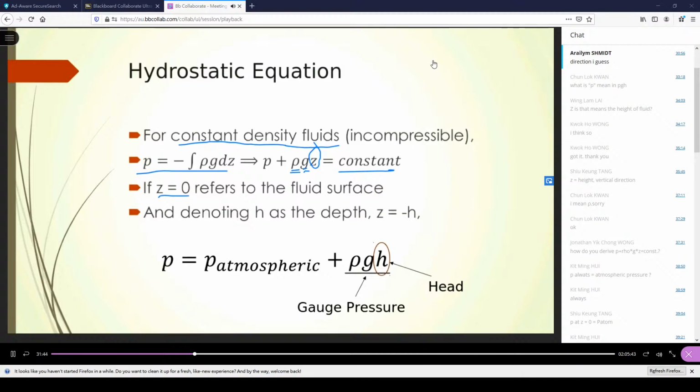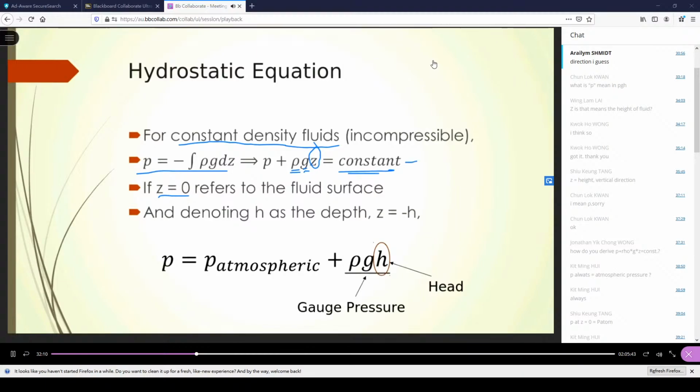For example, for water, we will set Z equal to 0 at the interface between the water and the air. So if Z equal to 0 is the air, the constant will be atmospheric pressure.